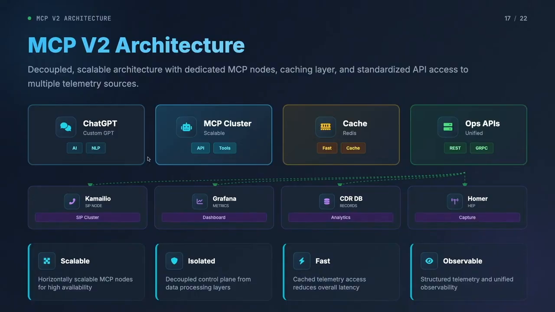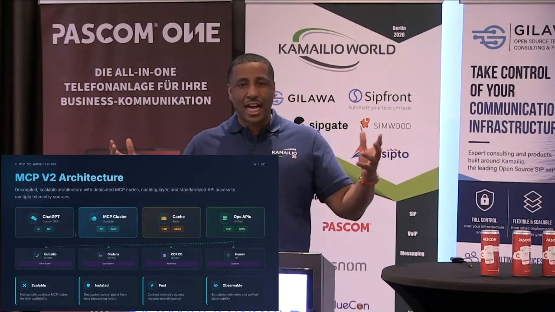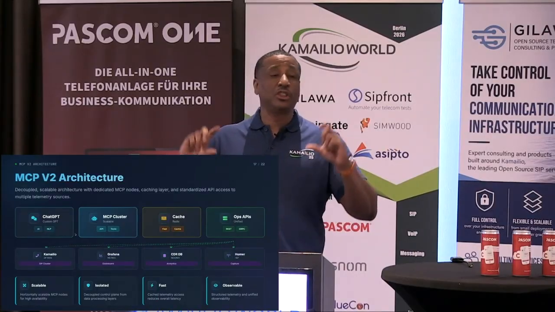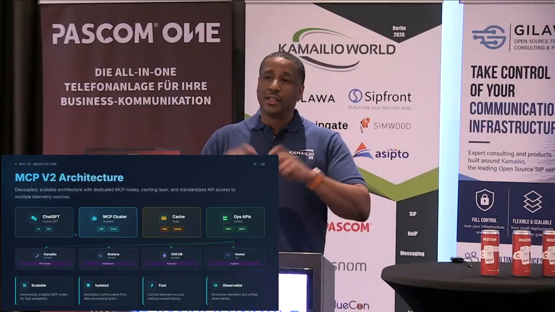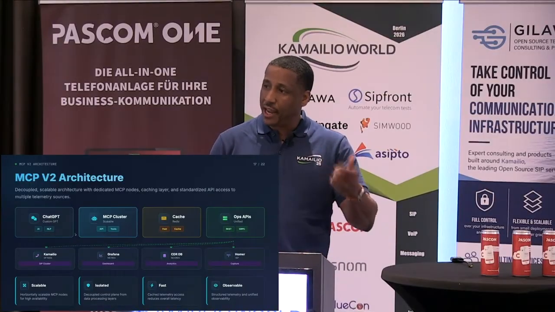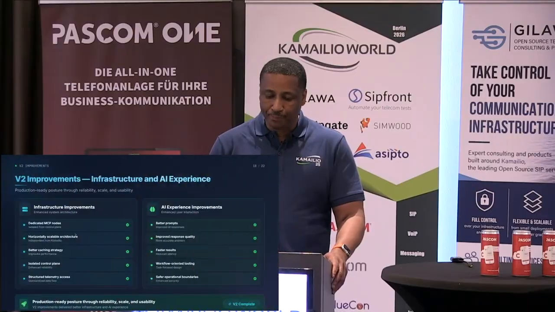And then the control plane will talk to the boxes in purple: Kamailio, Grafana, the CDR DB, and talk to Homer if it needs to as well to grab certain data. So this is just a normal architecture, it's not rocket science, but for us this was a new pattern. So we had to figure out how best to architect it to solve the problem and meet the requirement.